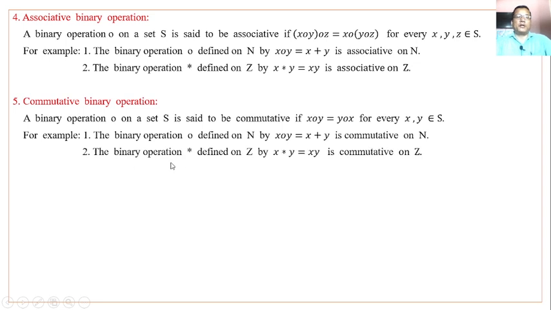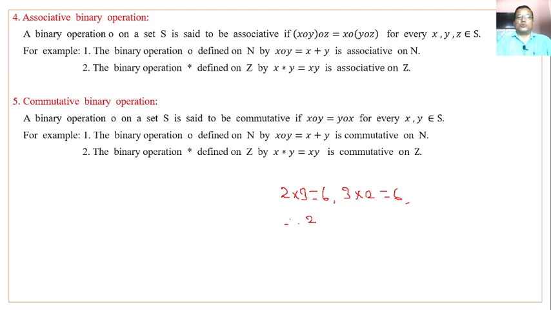The binary operation asterisk defined on Z by X asterisk Y equal to X into Y is commutative on Z. Any two integers, their product. We have learned in previous classes that 2 into 3 is 6 and 3 into 2 is also 6.